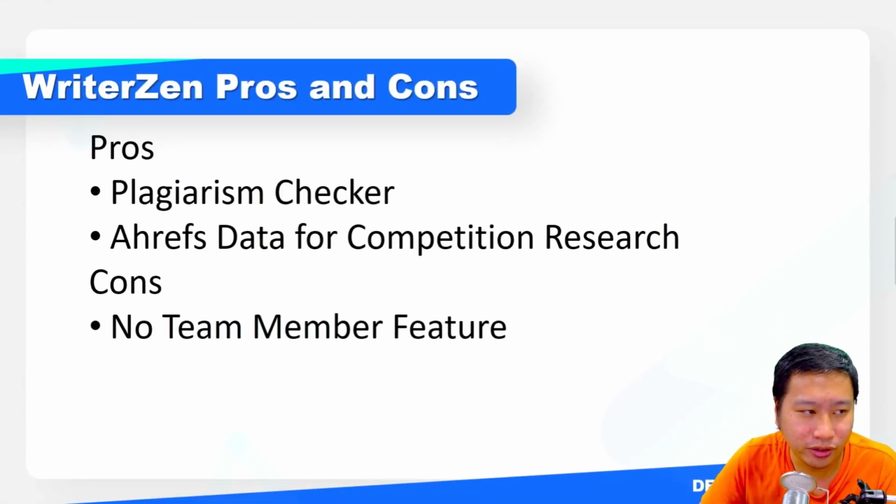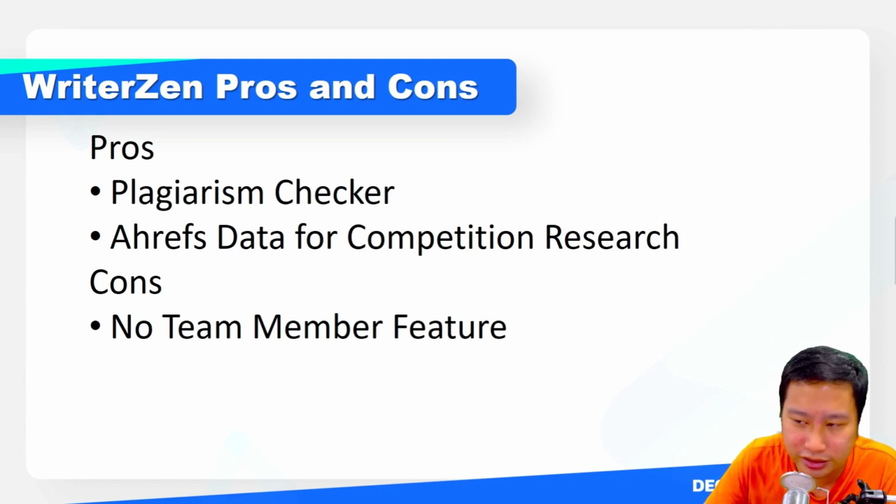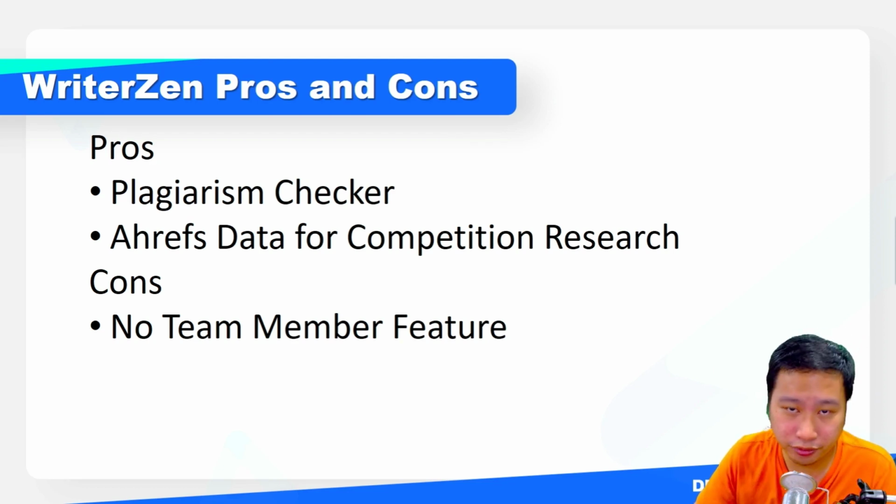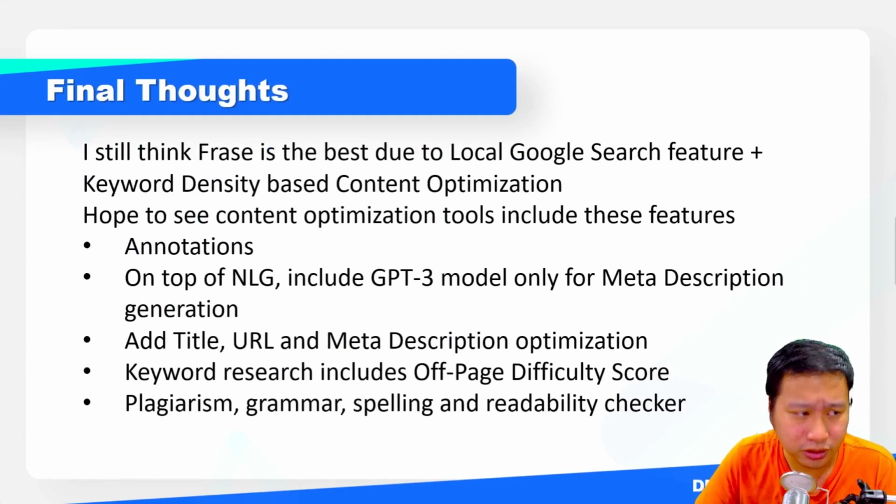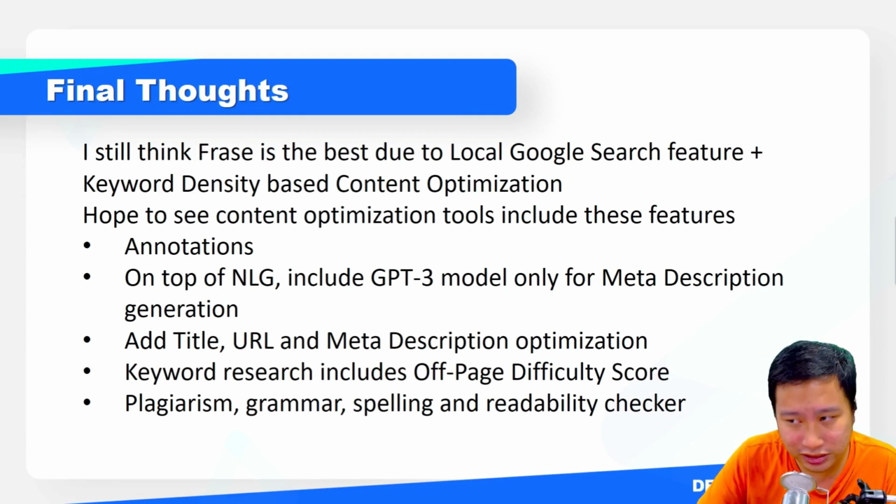Okay, and then for WriterZen, it has a plagiarism checker, it has Ahrefs data for competition research, but there is no team member feature right now. So some final thoughts is that I still think that Frase is the best due to the local Google search feature and the keyword density based content optimization.